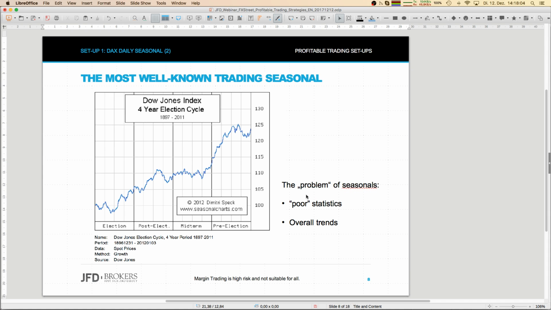The problem with that kind of seasonals is always that they have more or less pure statistics. In this case, it's not that bad because it's 100 years, but nevertheless 100 years are only 25 election cycles, and having something with a statistic of 25 is not that huge.